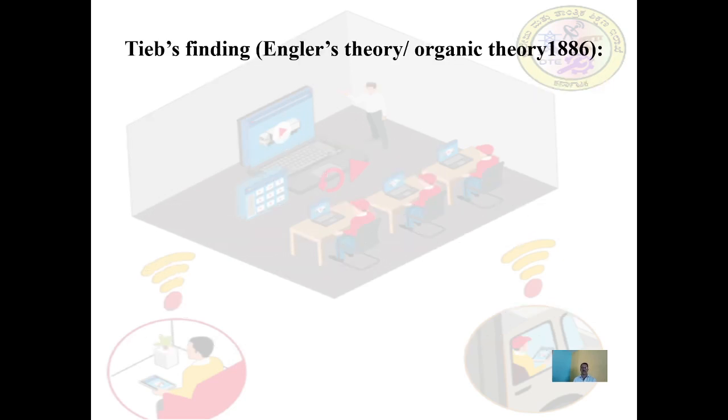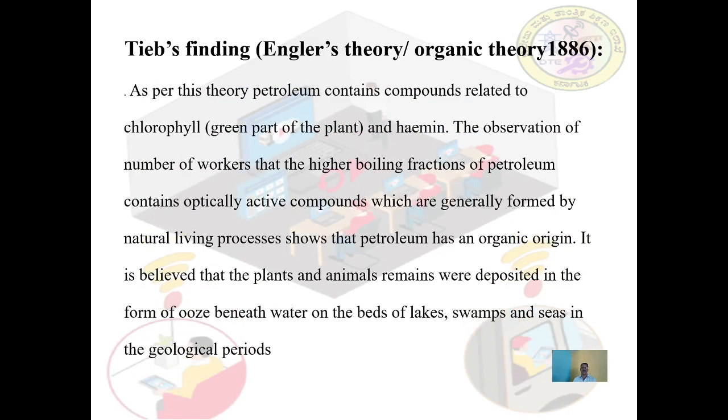Another theory to explain the formation of petroleum is Engler's theory or organic theory, which was established in 1886. According to this theory, petroleum contains compounds related to chlorophyll, that is the green part of the plant, and heme.